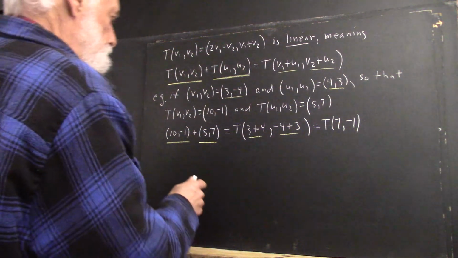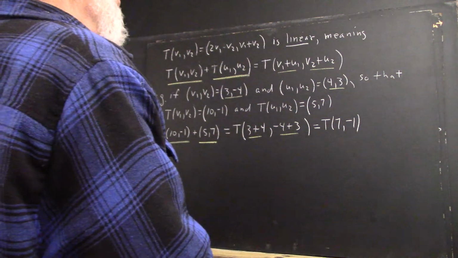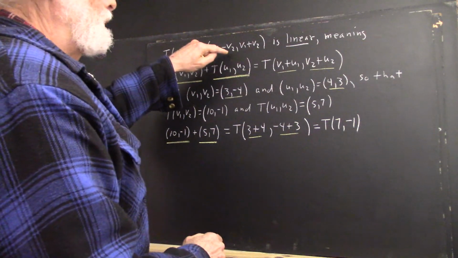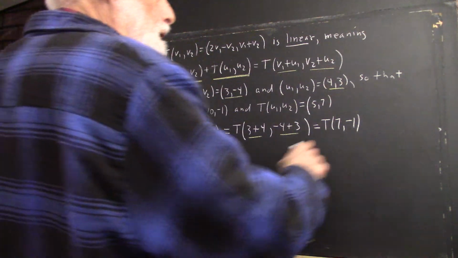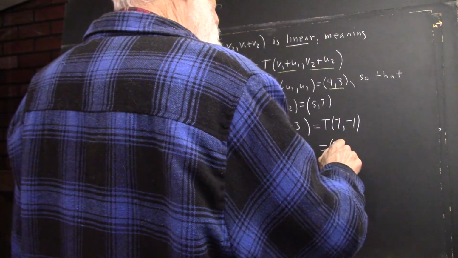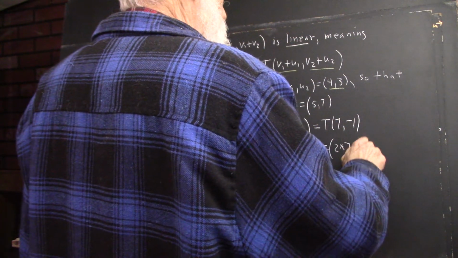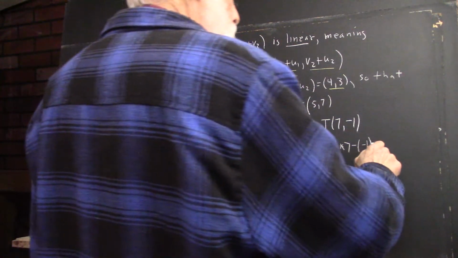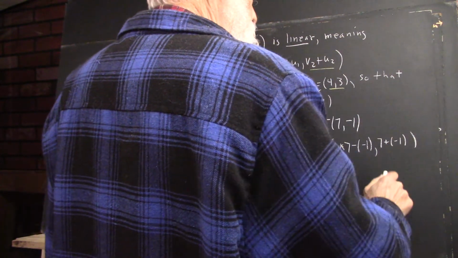Well, if we transform 7, negative 1, we get 2v1 minus v2. 2 times 7, I guess I'd better write it out. 2 times 7 minus negative 1, and 7 plus negative 1.